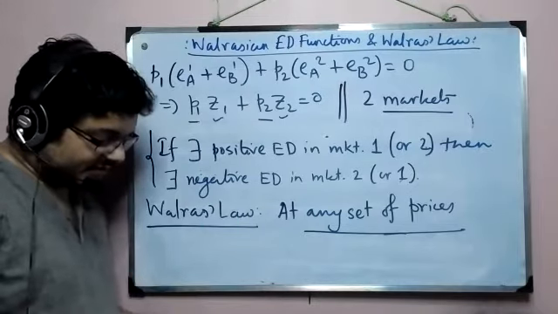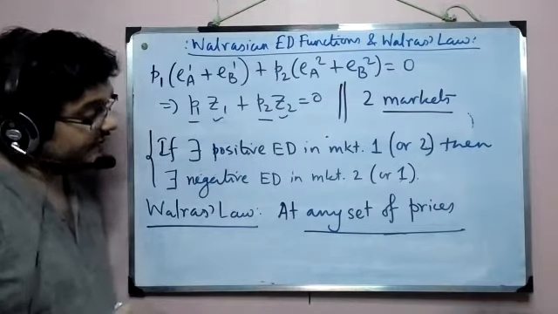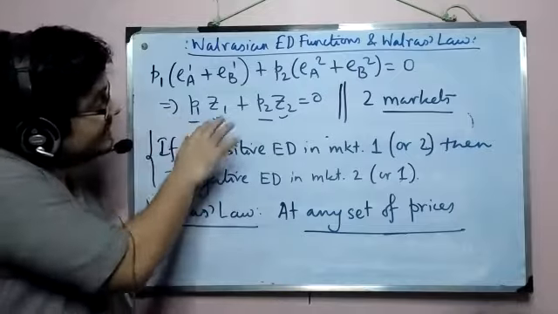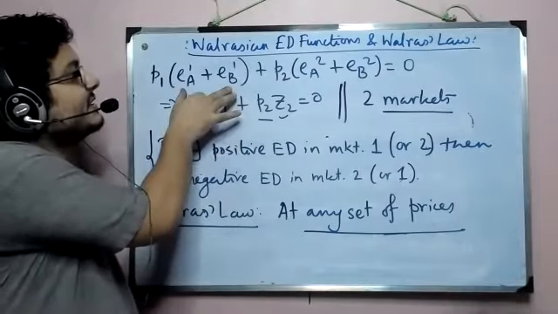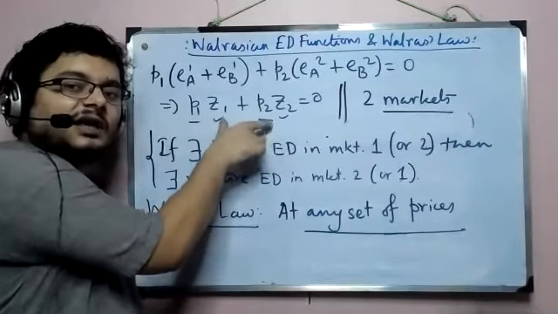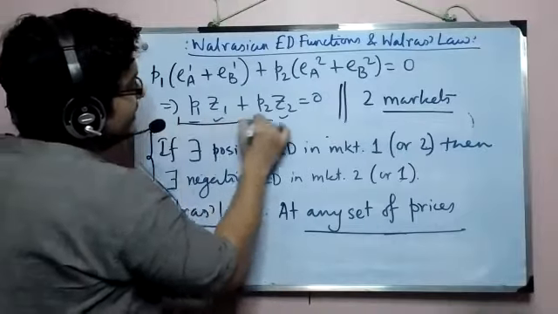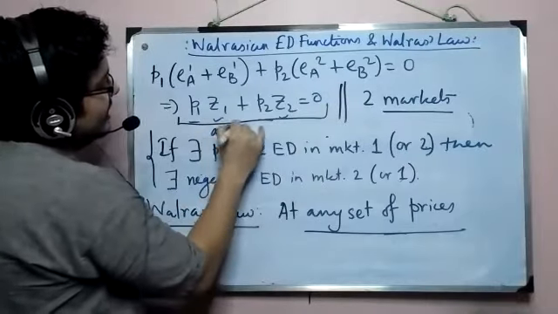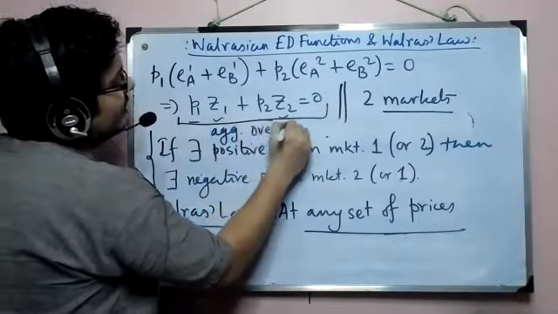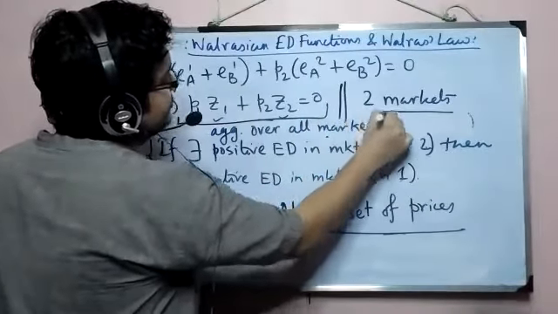See, we talked about two kinds of aggregates. First, we aggregated over individuals, right? So for example, Z1 has aggregated excess demand over the two consumers. But in this equation, we have aggregated it over all the markets. So if I look at this equation, it's aggregated over all markets, right?